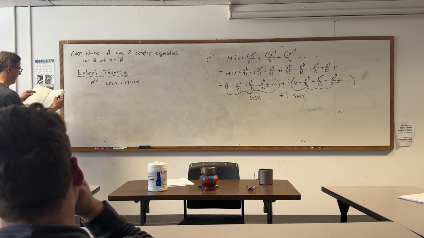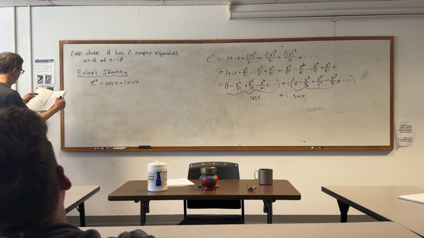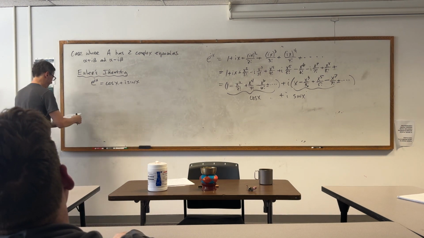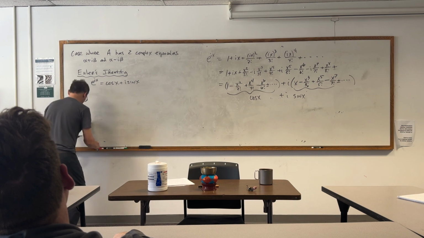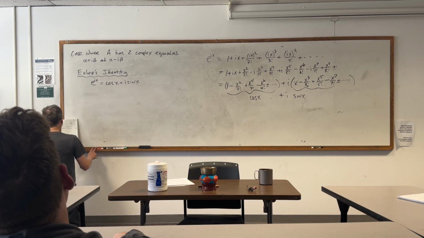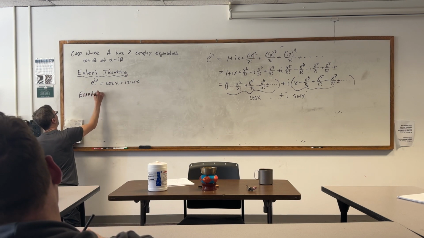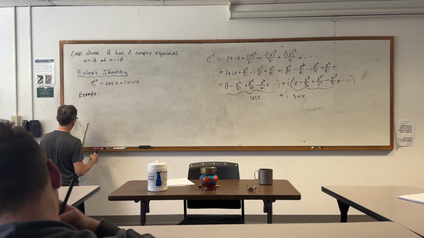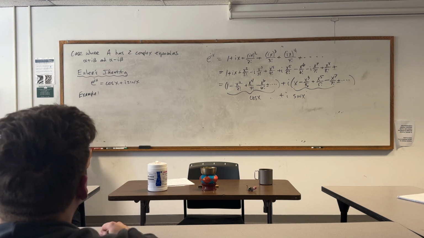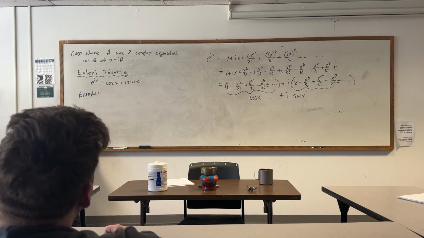Yeah, here we go. Okay, so let's do an example. I think this will give you understanding, and then I'll give you the general result, and you might be happy with it. You also might not, I don't know.